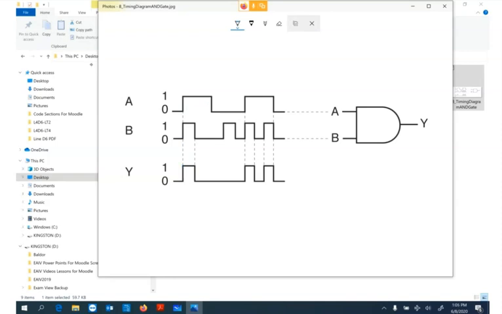Yeah, so if A goes high, B goes high, so does Y. But as soon as B goes low, so does Y, and it doesn't come back up again until both A and B go high. And you can see what they call a timing diagram indicating the state of the output of Y. So if that was a light on the output, it would be on here, then off, then on.